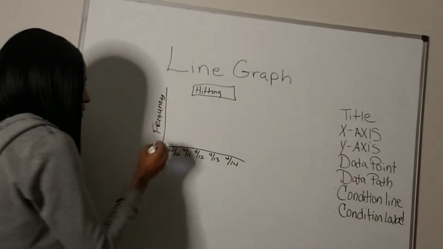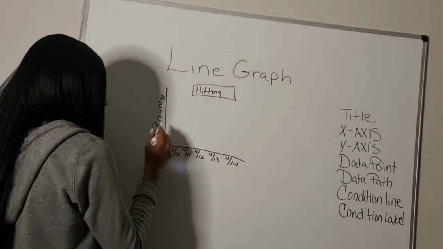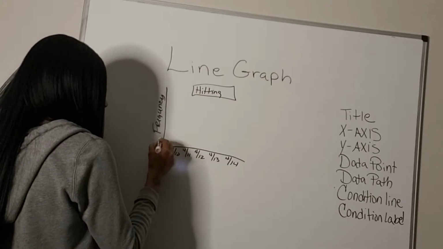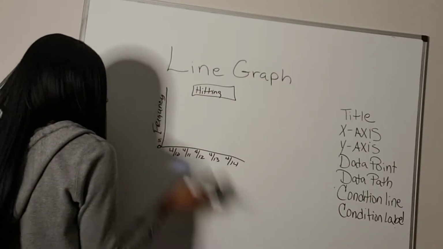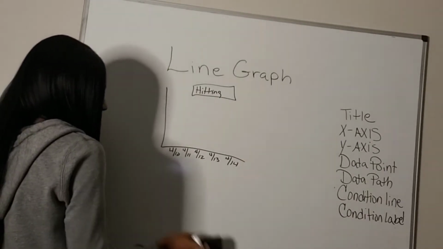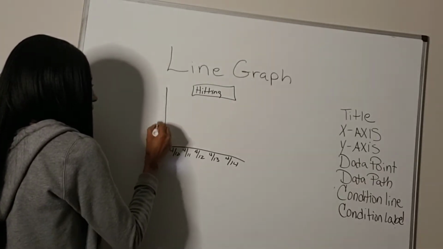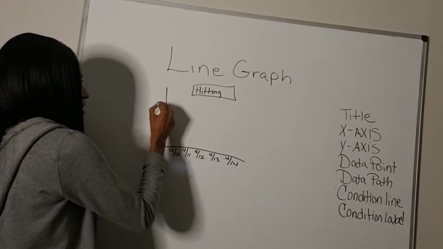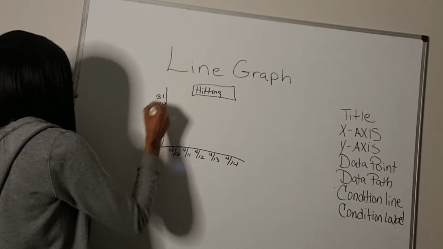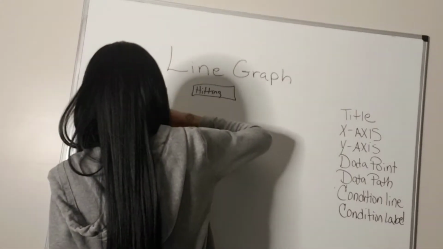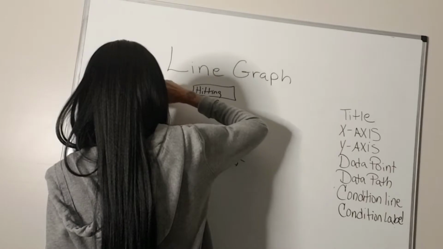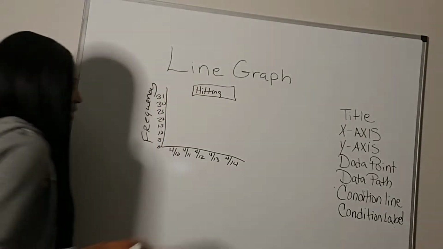When you get a graph, it's usually something like this. It's not going to have y-axis on there, x-axis. It's just assumed that you already know what that is. Okay?